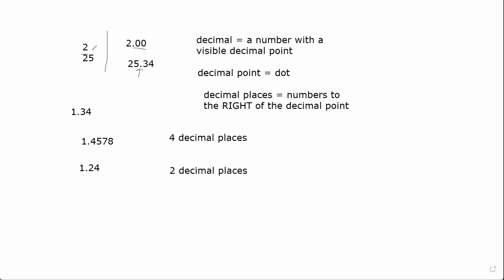Every whole number has a hidden decimal point all the time. You know this if you go to the store. The clerk says you owe me $2, you give them $2, and you get the receipt and it says 2.0 or 2.00.